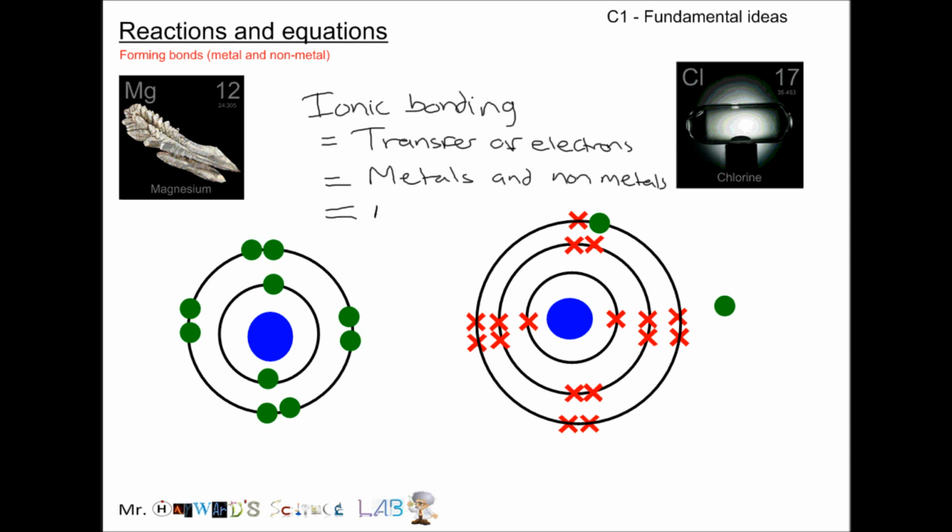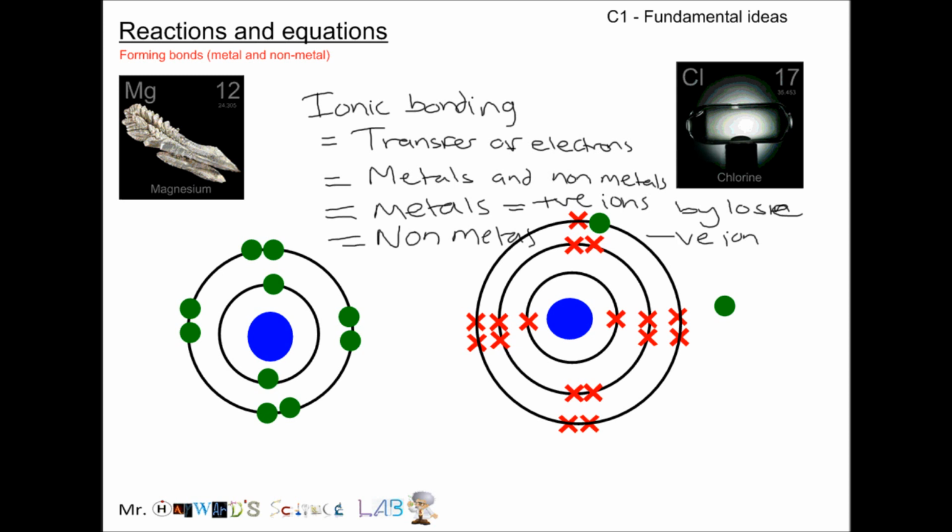So metals become positive ions by loss of electrons, and non-metals become negative ions by gaining electrons.